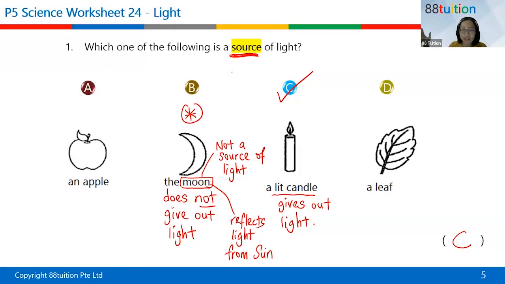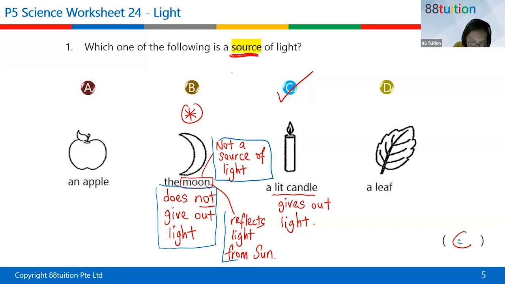Although we don't see the sun in the sky, the light from the sun will be shining on the moon, and the moon will just reflect the light from the sun. So the moon itself does not give out any light. All right, so take note of this. Any questions so far?